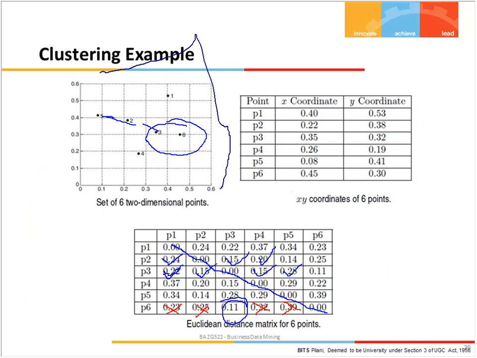Let us say we define the DBSCAN epsilon as some arbitrary value. Let us consider epsilon as 0.25, and let's also consider min points as three. Then what will happen?